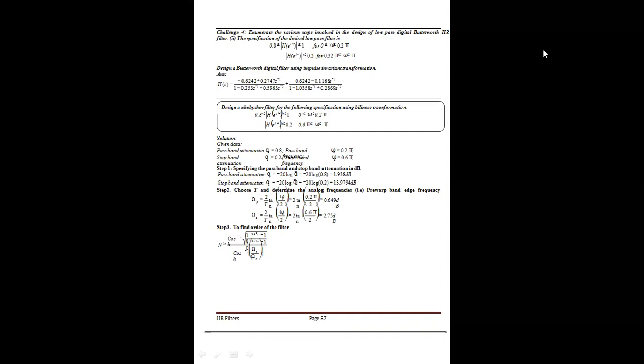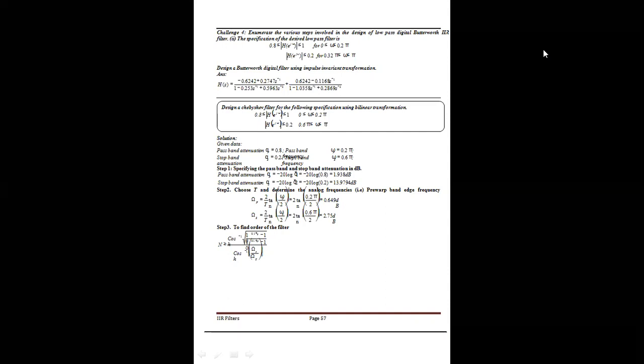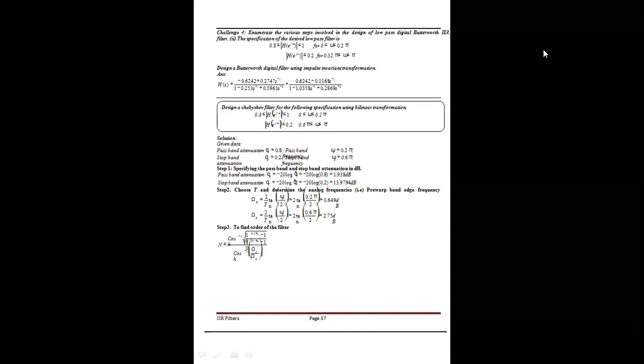So that is the first step. Second step, we have to choose the value of T and determine the pre-warped analog frequency. We know the relationship between capital omega and small omega is 2 by T tan omega P by 2, similarly 2 by T tan omega S by 2.